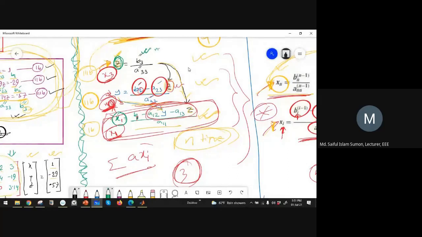That means n minus 1 manipulations. And to get the second values, I need the values which have n minus 2 manipulations. To get the next one, I need the values having two double prime, b1 double prime. So you can see there will be n minus 3 manipulations.